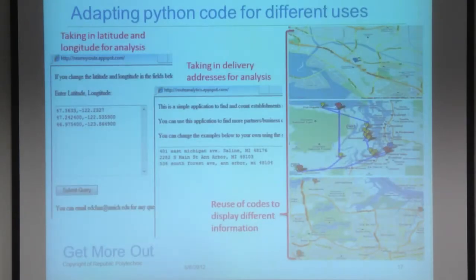So this is what you get. With the same Python code, I can change the text field to take in latitude and longitude, or I can take in addresses. With the same coordinates, I can call the map to give me a display centering on a point.